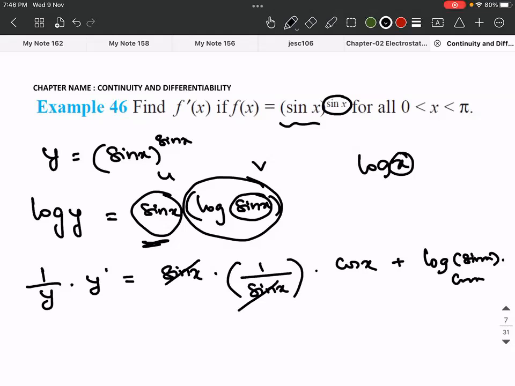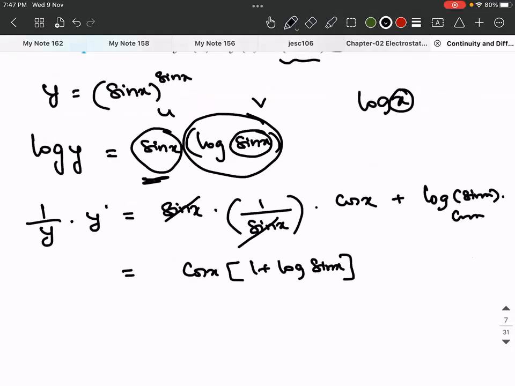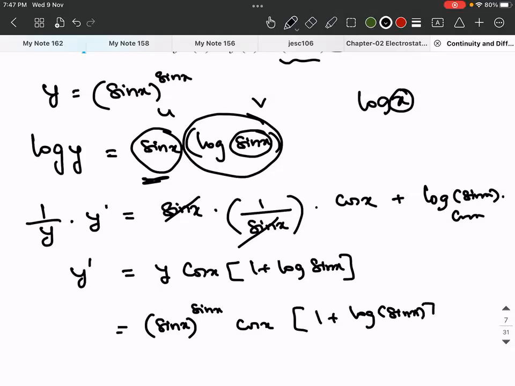So here sin x and sin x are gone. Can I take this cos x outside into 1 plus log of sin x? So y dash will be equal to y into this. So sin x to the power of sin x into cos x into 1 plus log of sin x is going to be the answer.